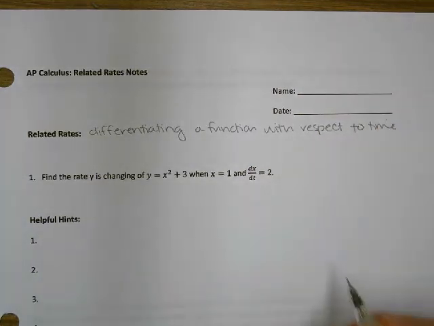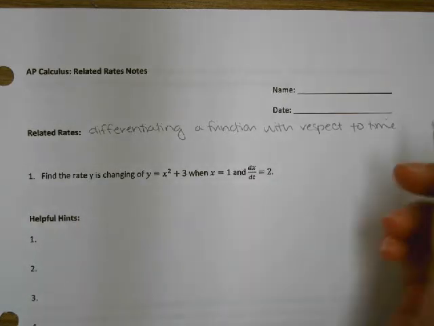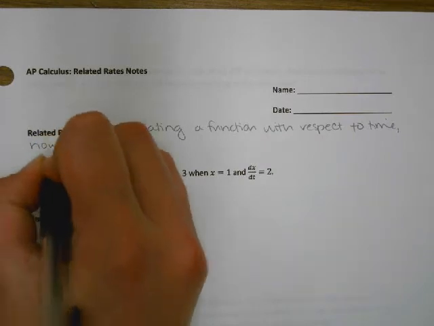That might be like the radius of something is changing as time increases, or the distance between two things is increasing as time increases, or the distance is decreasing as time increases. But all of your rates of change are happening with respect to time. So this is how the variables relate to each other as time goes on.